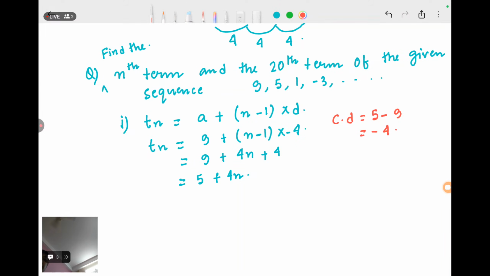Sorry. So the common difference will be minus 4.